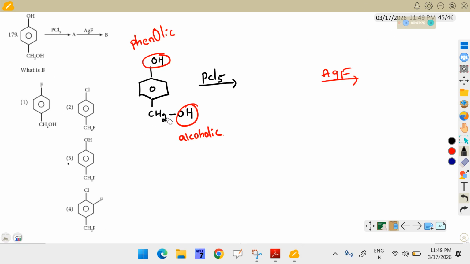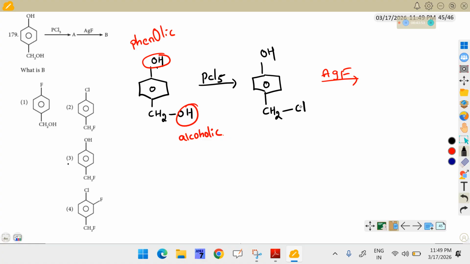Next question is, complete the following conversion, identify B. This is phenolic OH group, not affected. This is alcoholic OH group. Alcoholic OH groups react with PCl5. We know that alcohols react with PCl5. Then it gives haloalkane. CH2Cl.